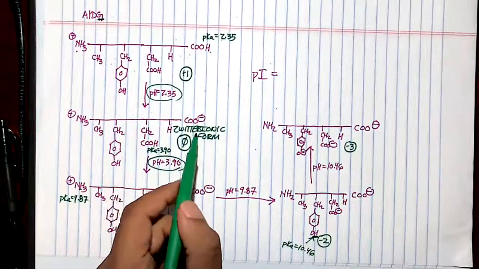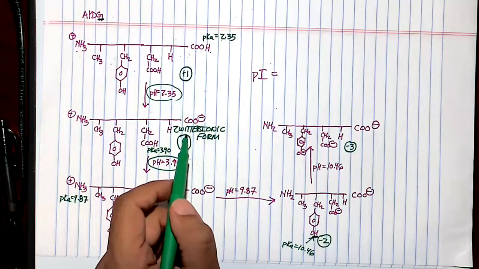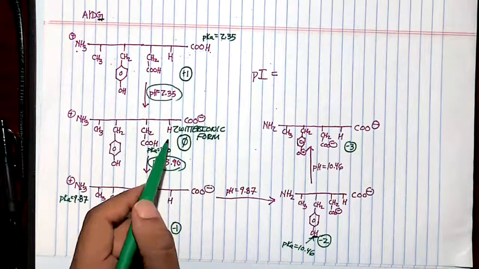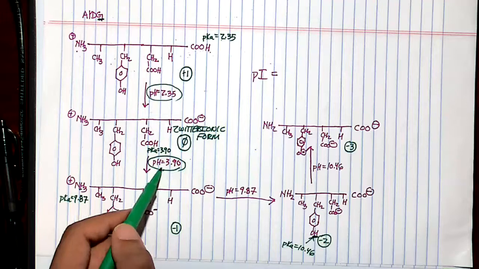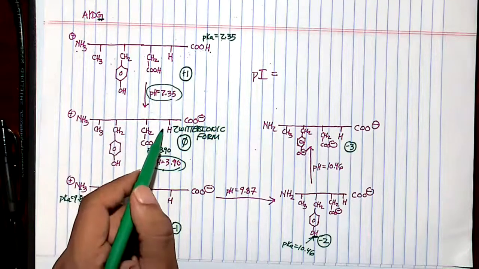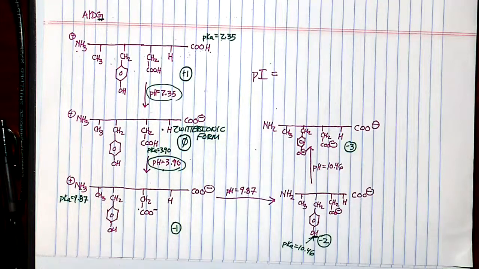3.90. Okay, so 50% of the zwitterion exists at pH 2.35 along with this guy. And at pH 3.90, 50% of the population of this tetrapeptide exists here, and the other 50% exists as that guy.